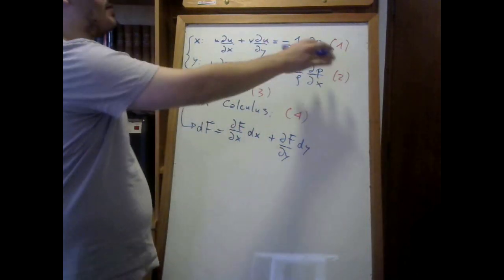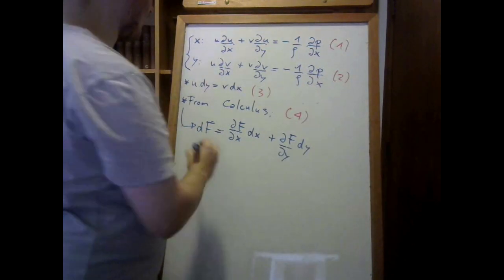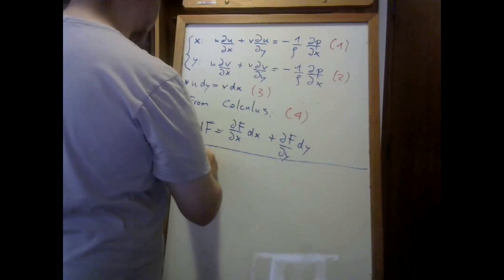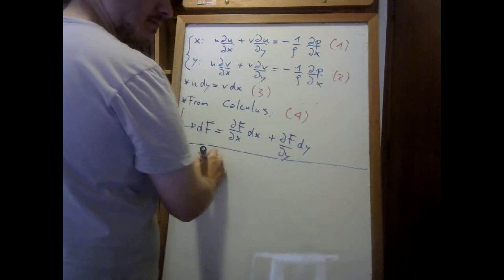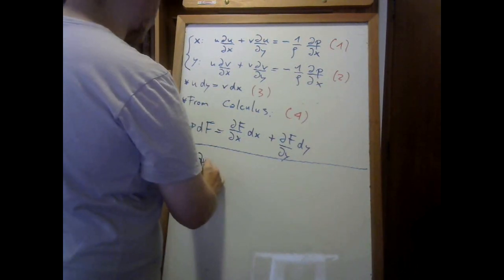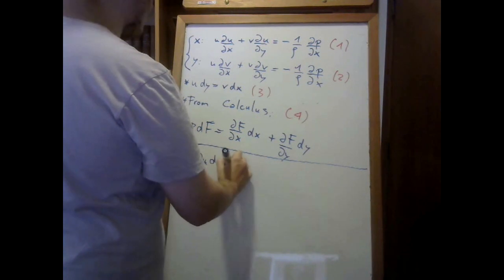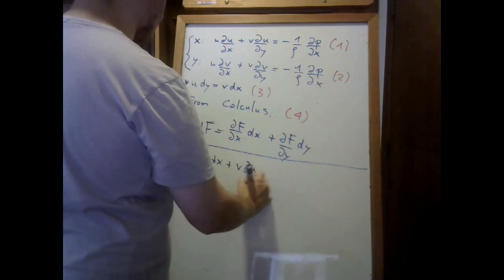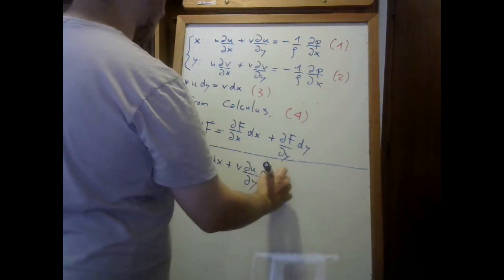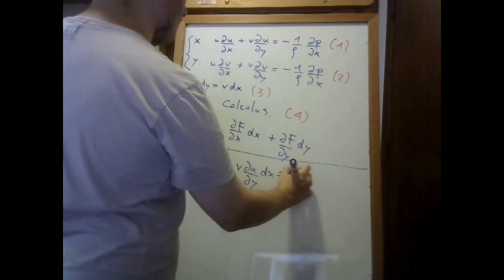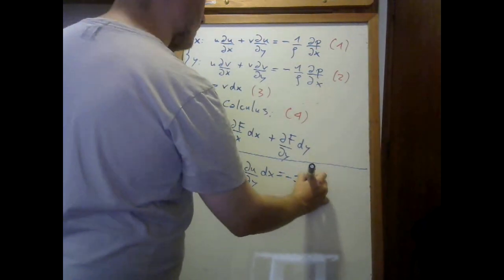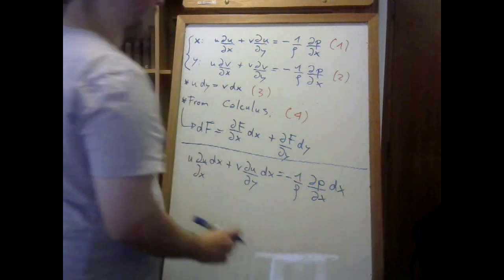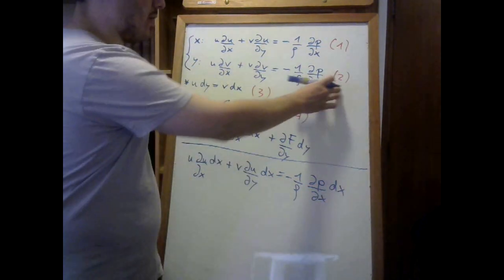So we multiply this first equation by dx and we obtain the following. Here we have, and we multiply the second equation by dy.